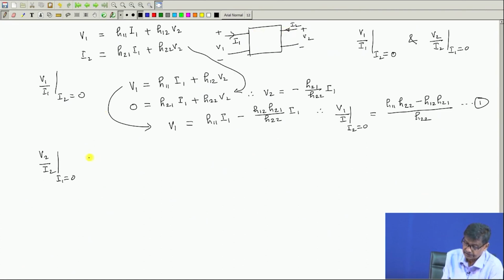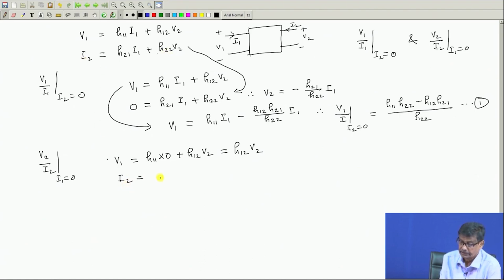Then you will get from the first equation, since I1 is equal to 0, V1 will be equal to H11 into 0 plus H12 into V2, and this is simply H12 V2. I will get that from the first equation, and from the second equation you will get I2 is equal to H21 into 0 plus H22 into V2.